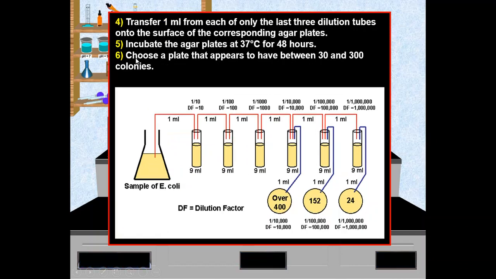Fourth, transfer 1 milliliter from each of only the last 3 dilution tubes onto the surface of the corresponding agar plates. Fifth, incubate the agar plates at 37 degrees Celsius for 48 hours. Sixth, choose a plate that appears to have between 30 and 300 colonies.